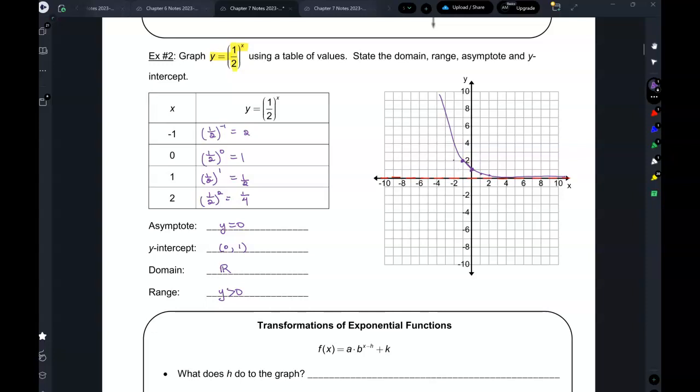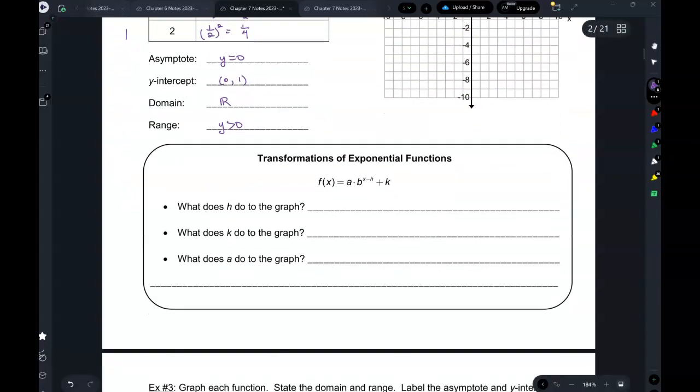If this was 1/3, it would have been 1/3, 1/9, and that's just silly. So usually for exponential decay, I like to go -2, -1, 0, 1. It makes the numbers a little more manageable. Okay? All right.